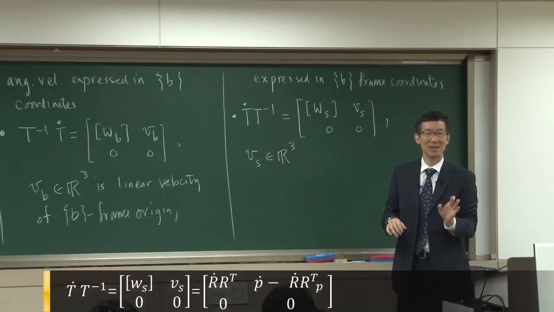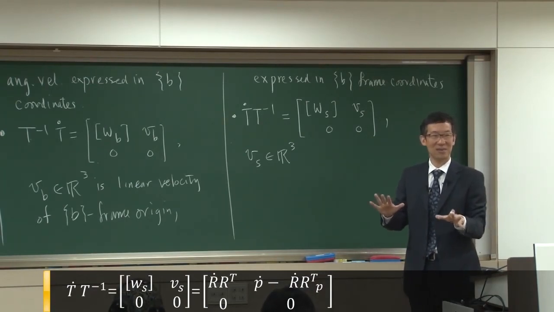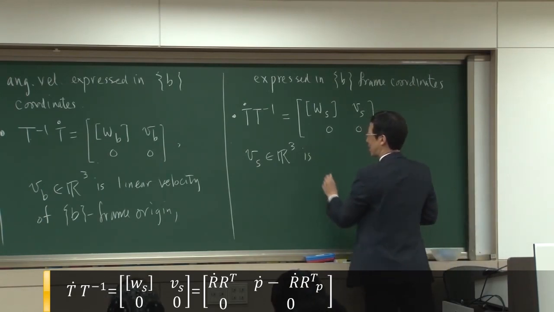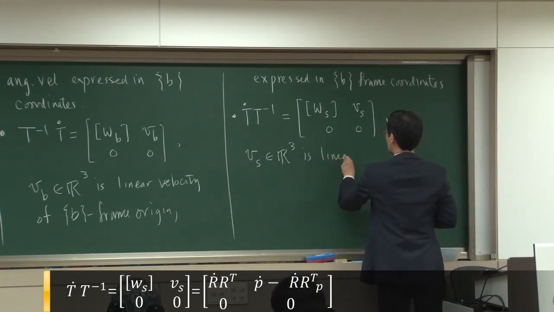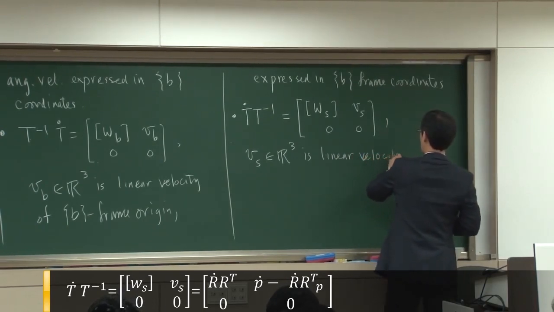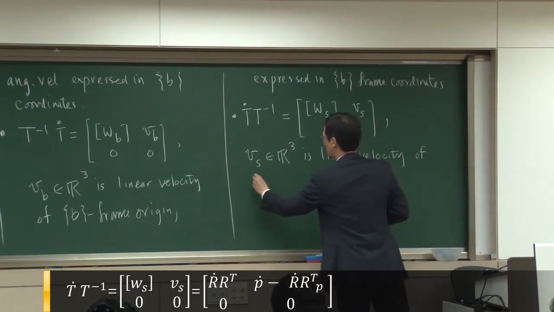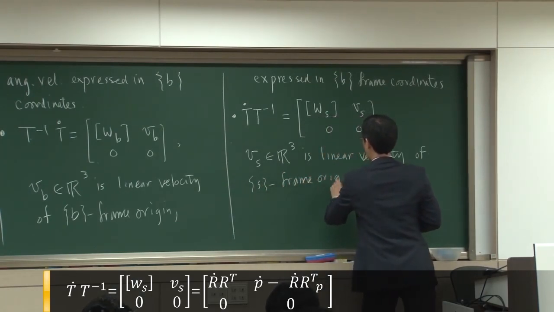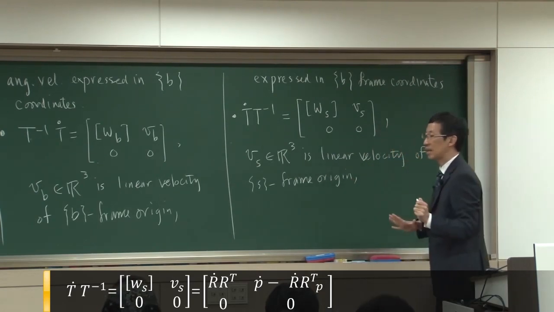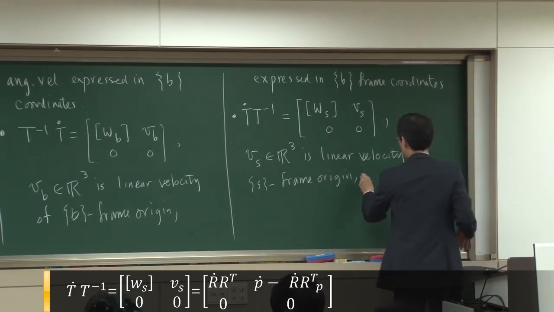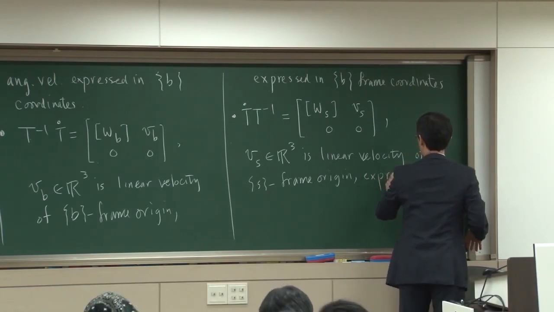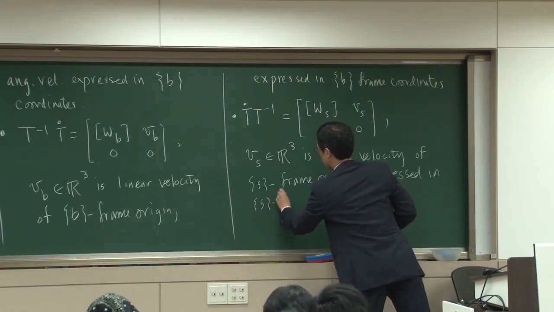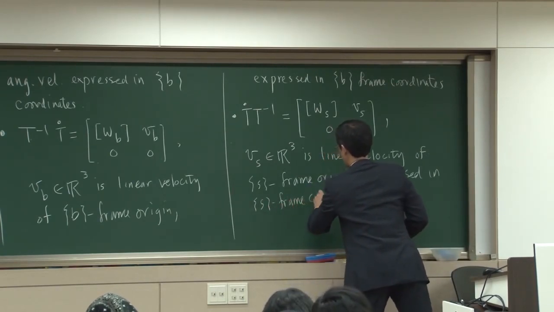This is where it gets kind of strange if you're seeing this for the first time. This is the linear velocity of the S frame origin, expressed in S frame coordinates.